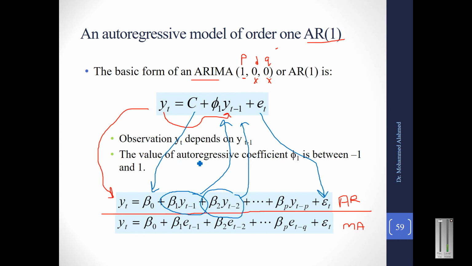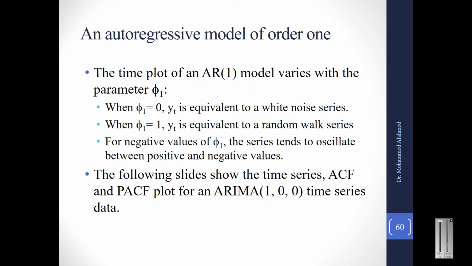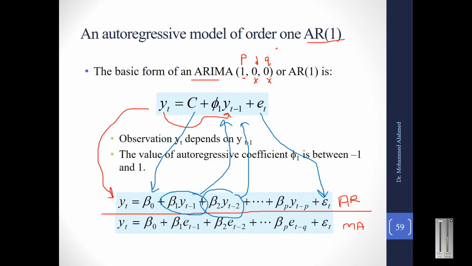The value of the autoregressive coefficient psi1 is between -1 and 1, right? These are the standard values. So for example, take an autoregressive model of order 1.